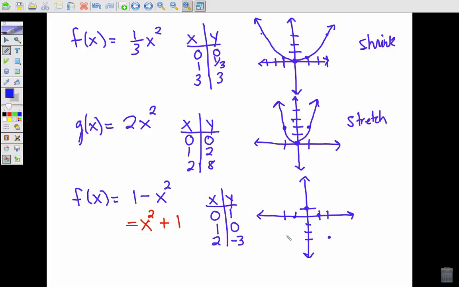Now what we can do is reflect those points to the other side and have my parabola sketched. All right, so this reflects over the x-axis, and it is shifted up 1. So those are the descriptions of that parabola.